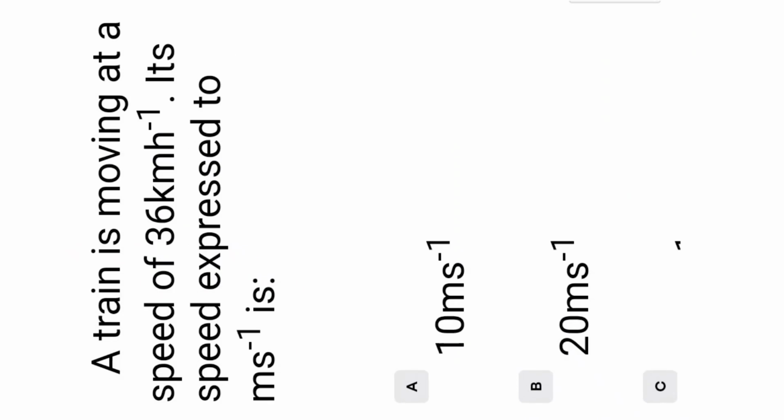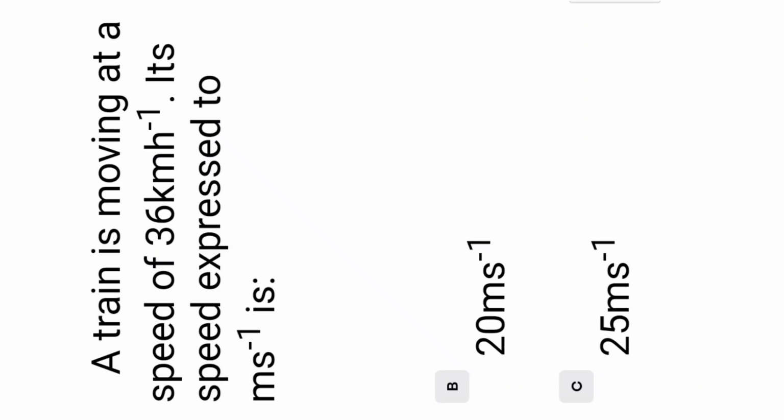A train is moving at a speed of 36 km per hour. Its speed expressed in meter per second is 36 multiplied by 1000 divided by 3600. It becomes equal to 10 meter per second. Option A 10 meter per second, B 20 meter per second, C 25 meter per second, D 30 meter per second.